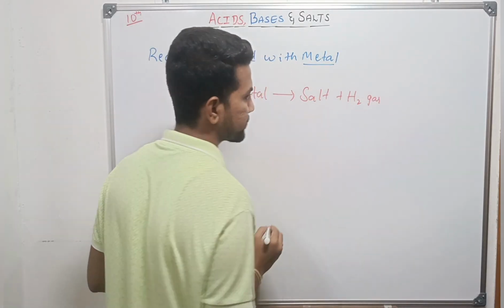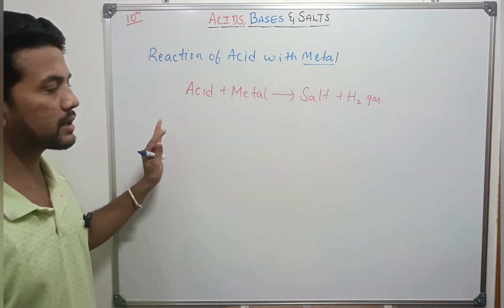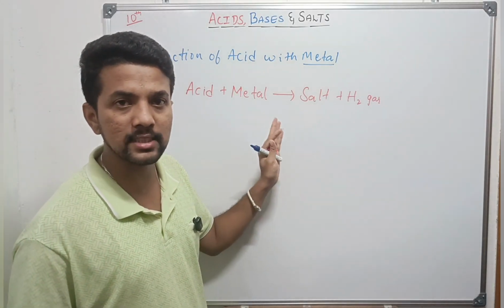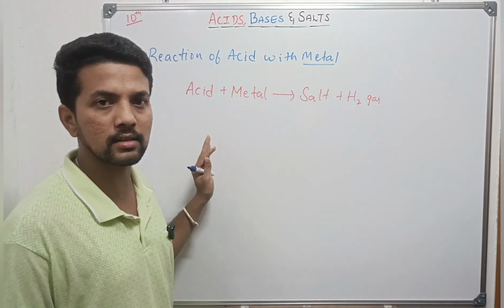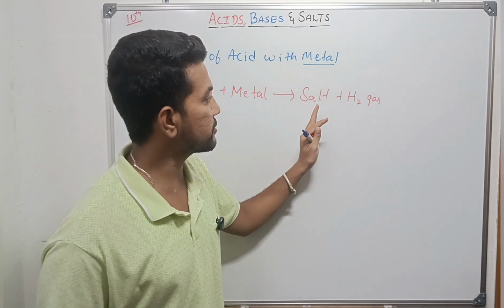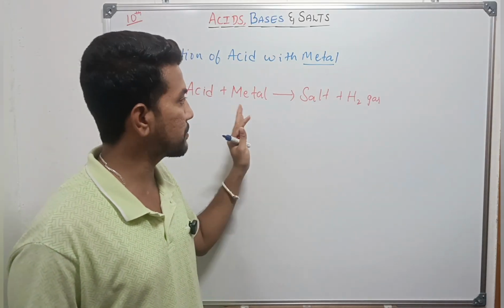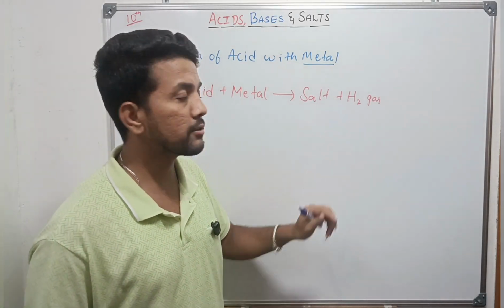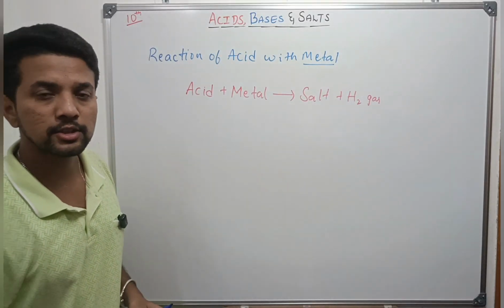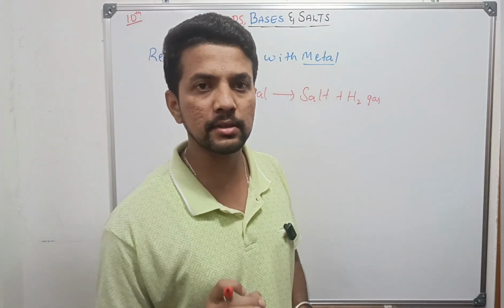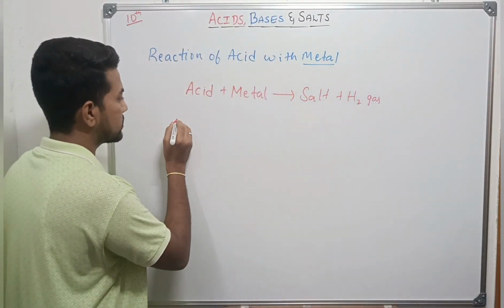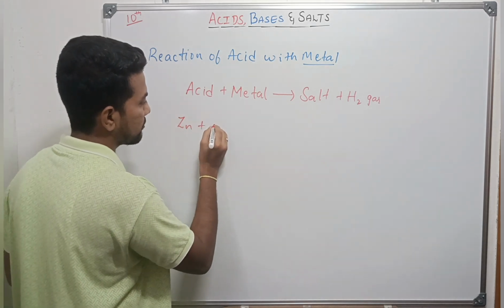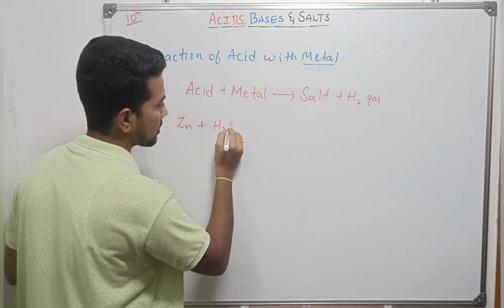This is the general reaction with respect to the reaction of acids with metal. One of the best examples for this equation is the reaction of zinc metal with dilute sulfuric acid.